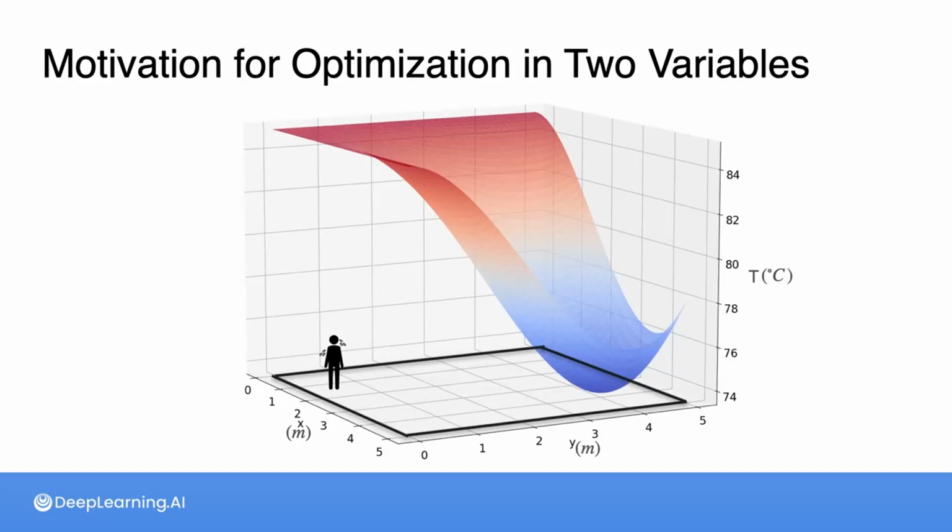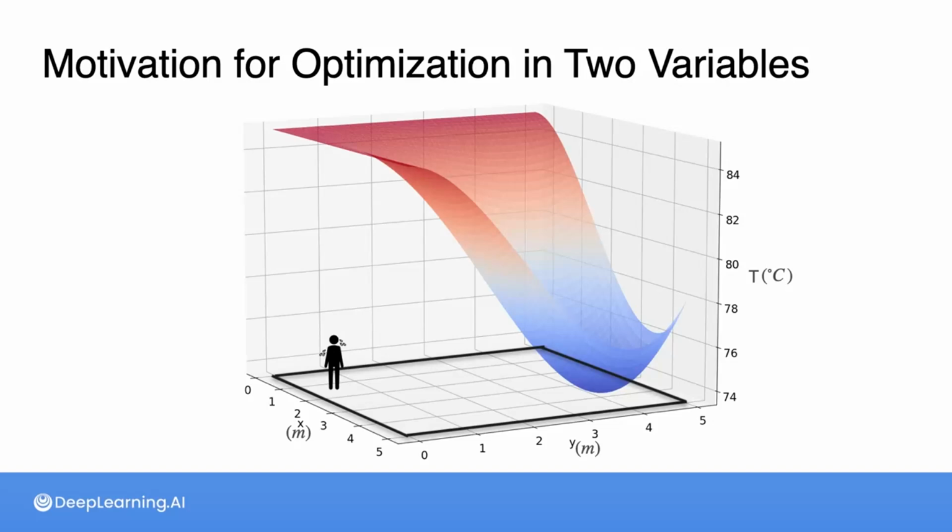The red points are hot and the blue points are cold. And for each position x, y, where x and y are the 2 coordinates, the temperature is the value of the function at that point, which is represented by the height. So the red points are high because they represent hot points, and the blue points are low because they represent cold points. And the goal is to find that coldest place, that blue point over there at the right.